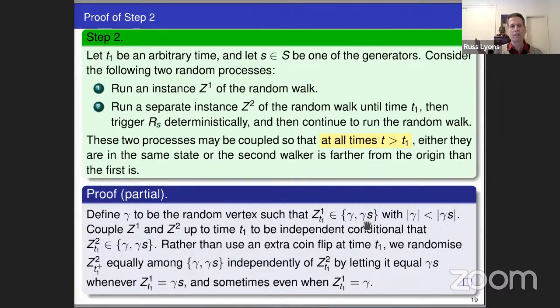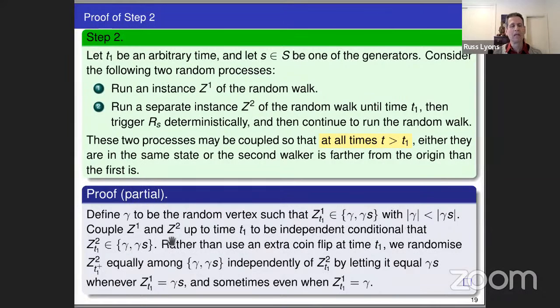It's somewhere, and the S is a special generator we fixed, okay? So wherever we are, there's an edge labeled S coming off of it. So there's 2 points, gamma and gamma S, and I'm going to label the one gamma which is closer to identity than gamma S. It doesn't mean it's at gamma. It could be at gamma or it could be at gamma S. But the one I'm going to label gamma is the one that's closer, all right, to identity.